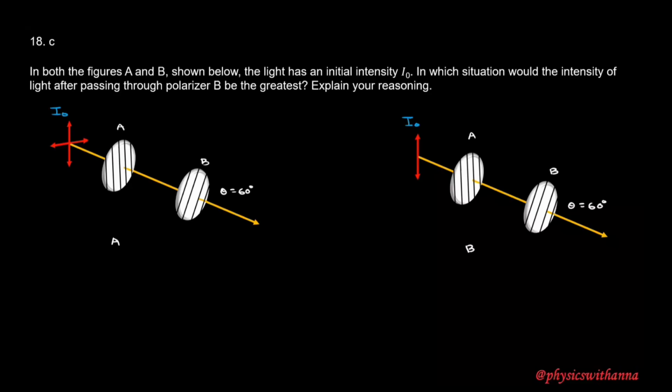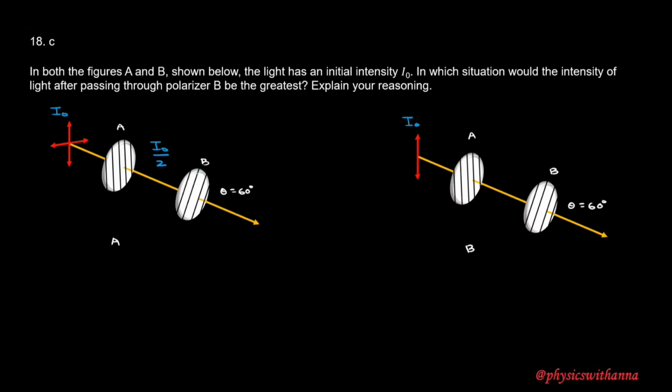So here I have an unpolarized light of intensity I naught. I know when it passes through polarizer A, which is aligned vertically, its intensity here will become I naught by 2 because only half of the vibrations will be allowed to pass through. The other half, which is horizontally aligned, will be blocked.